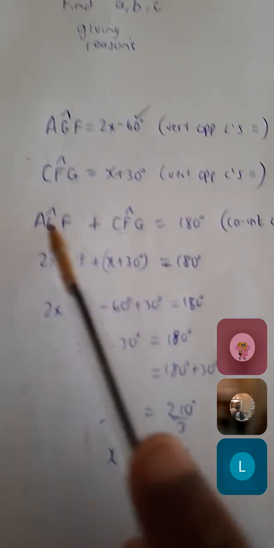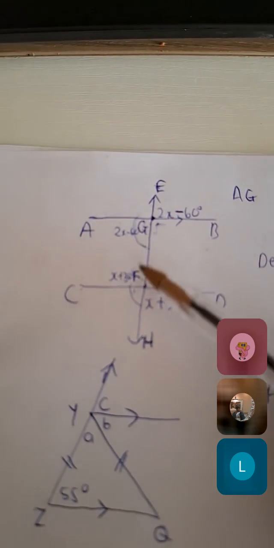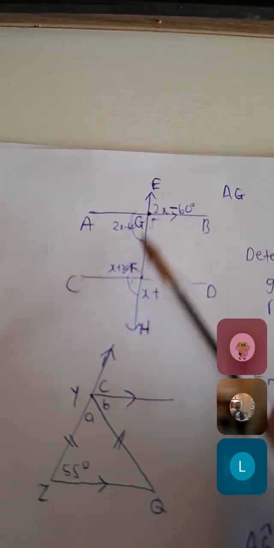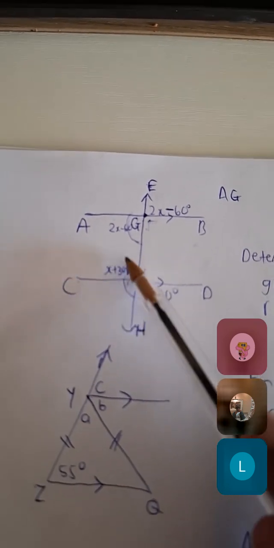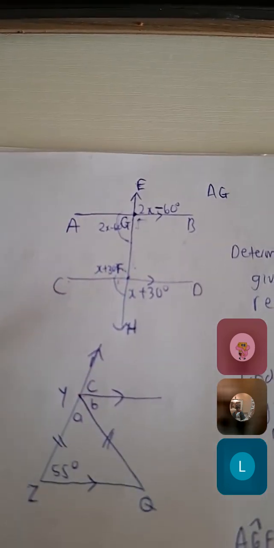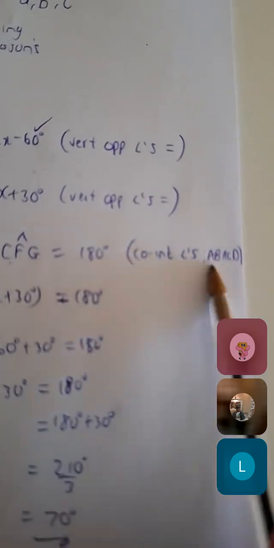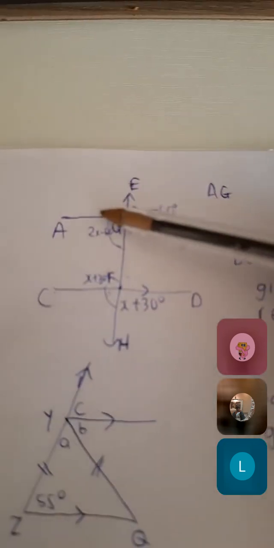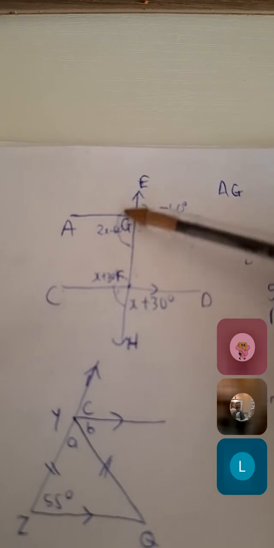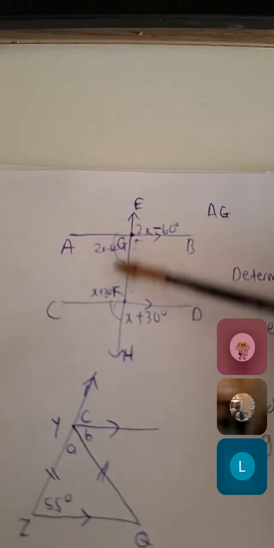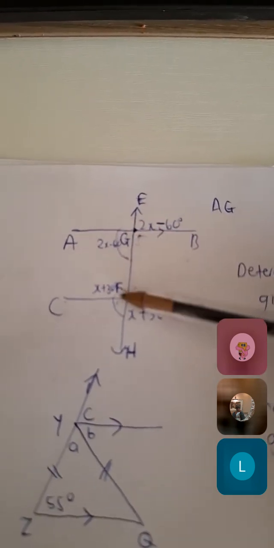Then we move on. Now you are saying to me, AGF, this angle, plus CFG, this angle, is equal to 180 degrees. What's the reason? Co-interior angles. Oh, this is the U shape. These are angles in between two parallel lines.